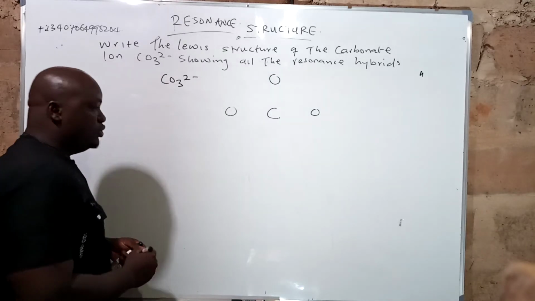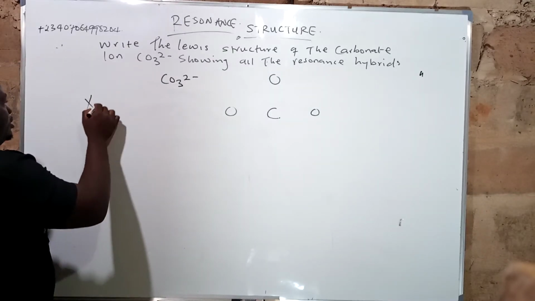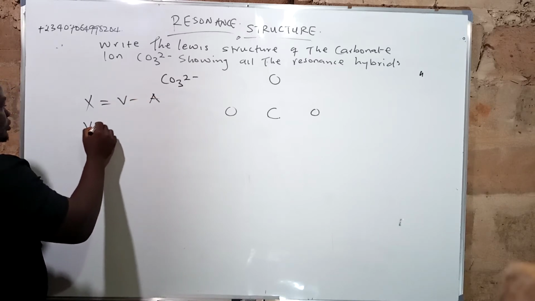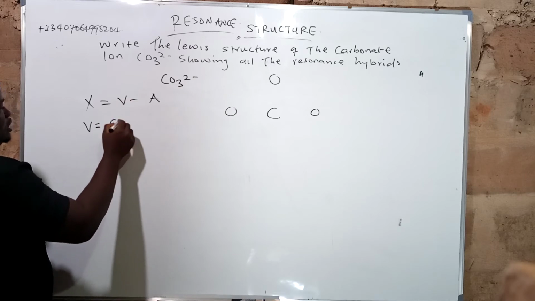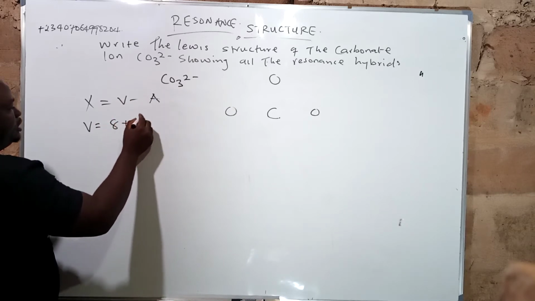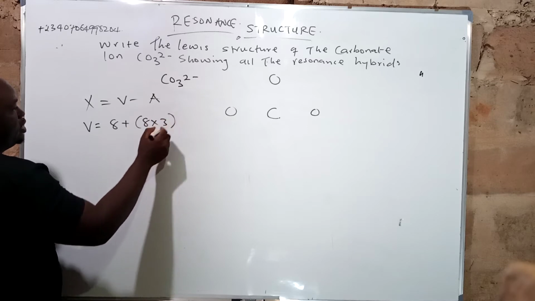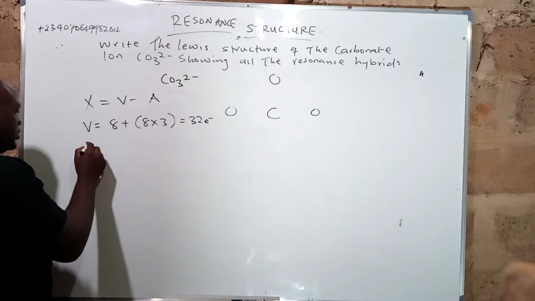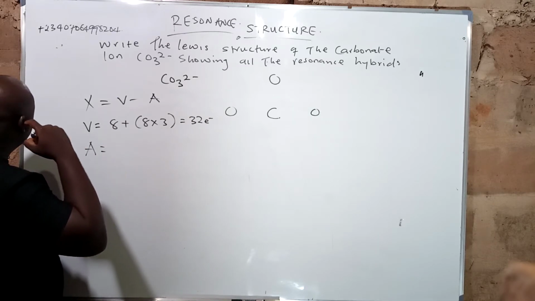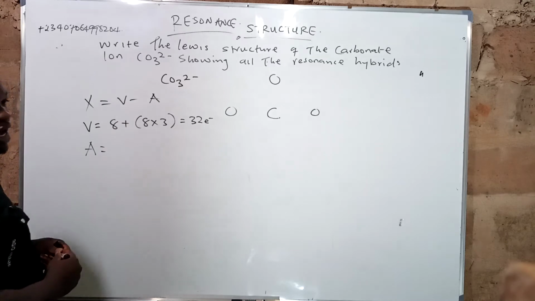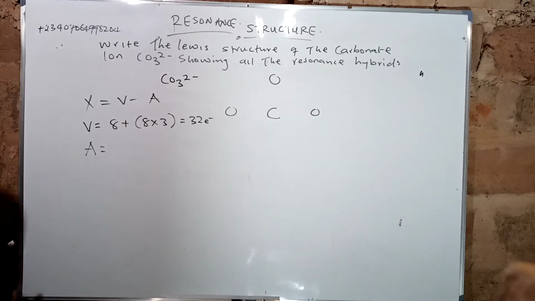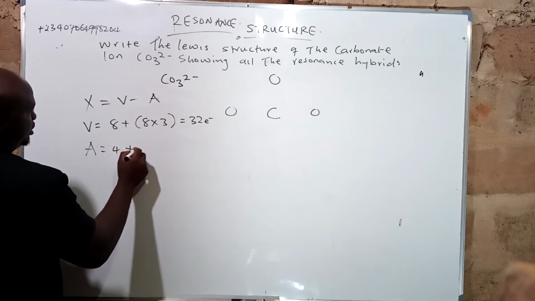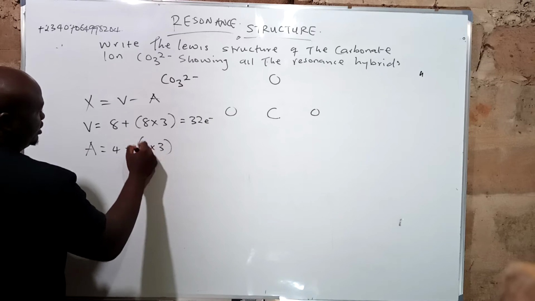Now the next thing is for you to calculate. Remember our formula? X is equal to V minus A. And so your V is your carbon, which is 8, plus your oxygen, 8 times 3. So this will give you 32 electrons. And so your A is the valence of carbon, so this is 4 plus 6 times 3.